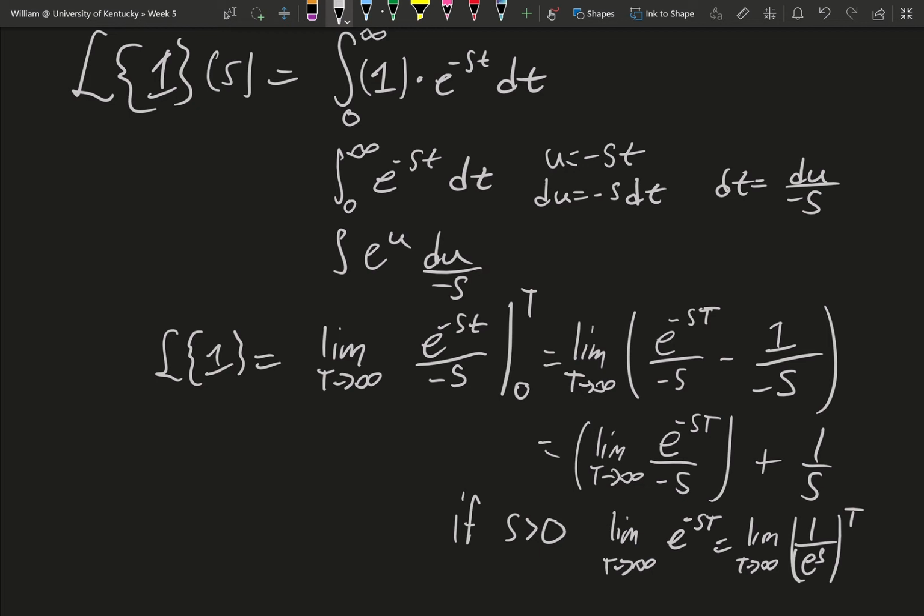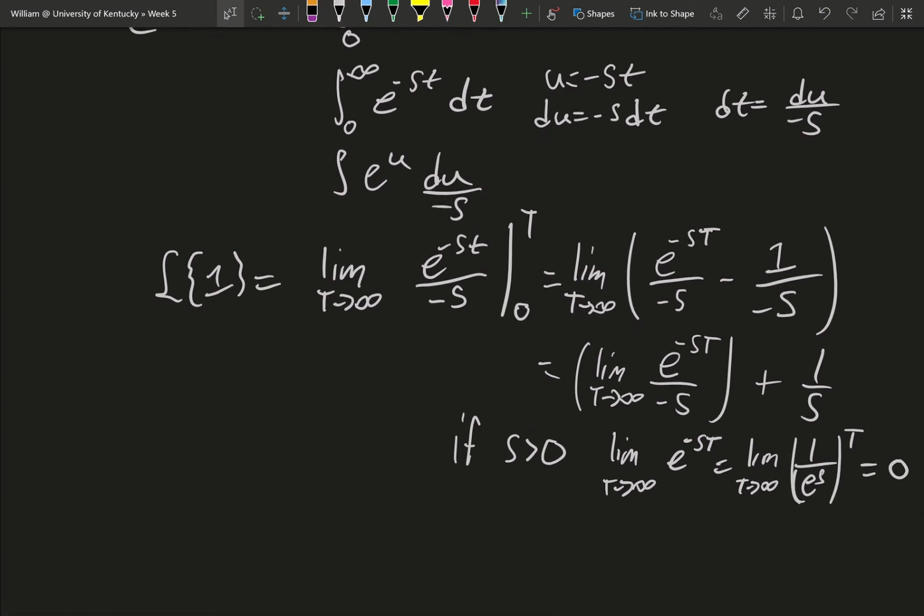Right, if s is positive, then e to the negative st is going to be less than 1, and this is going to go to 0. On the other hand, if s is less than 0, like if s was negative 1, then we would just be taking the limit as t goes to infinity of e to the t, and that's going to go to infinity.